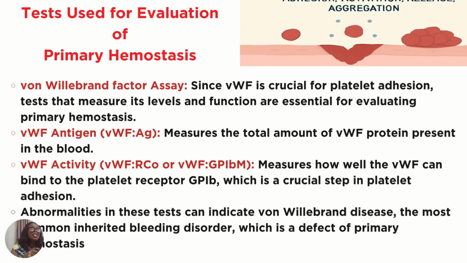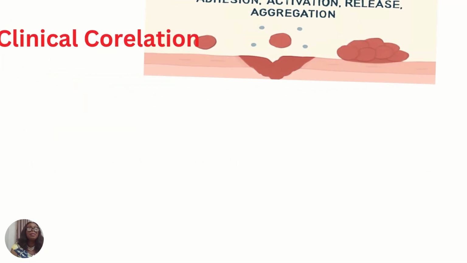We can assess von Willebrand factor antigen, which measures the total amount of von Willebrand factor protein present in the blood, or we can measure its activity, which measures how well the von Willebrand factor can bind to platelet receptor glycoprotein 1b. Abnormalities in this test can indicate von Willebrand disease.